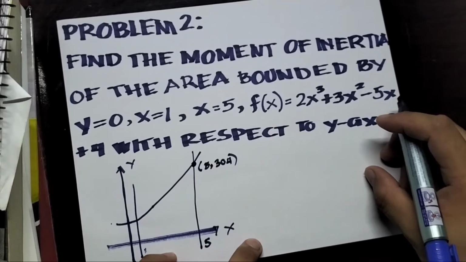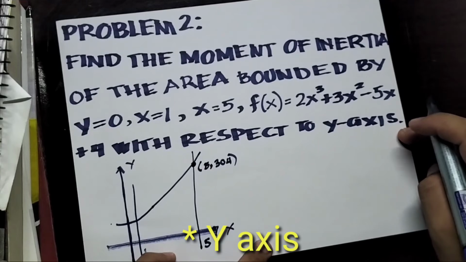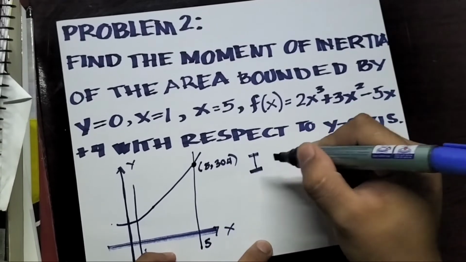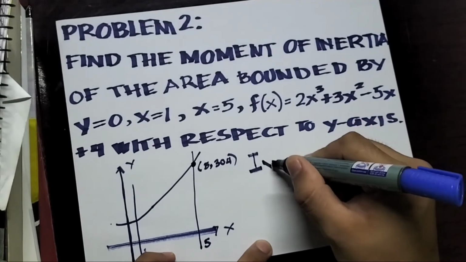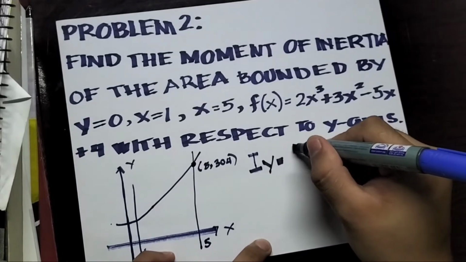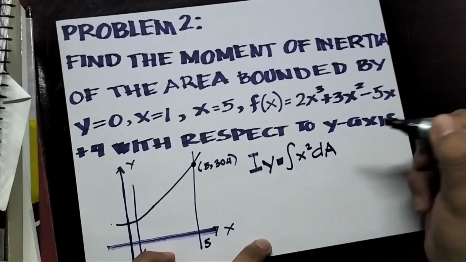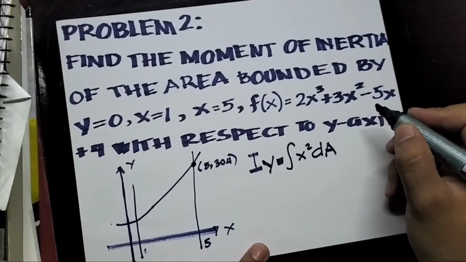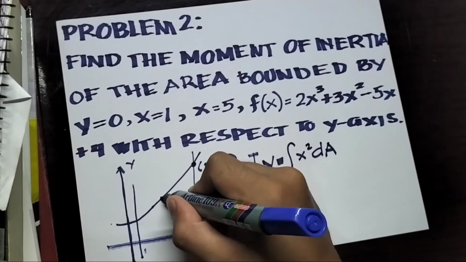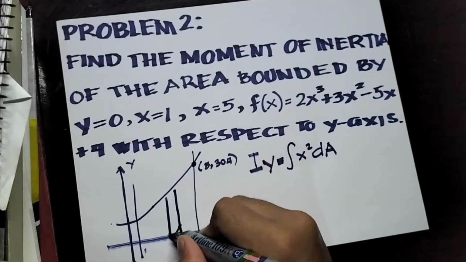Since we need to find the moment of inertia with respect to y-axis, ang ating kailangang hanapin. So the formula is, 'di ba, the integral of x squared dA. So Iy, yung strip natin is magiging ganito yung itsura, vertical.